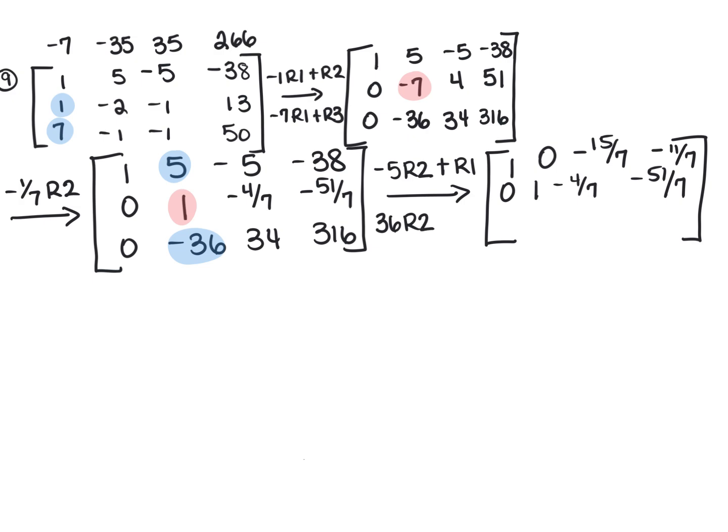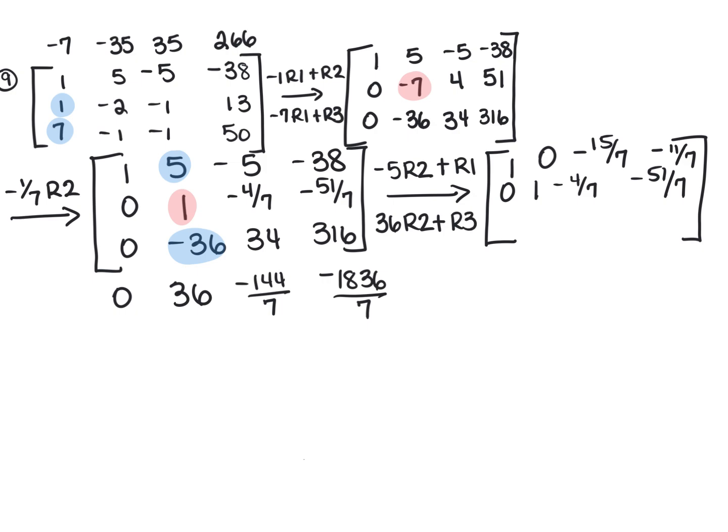Writing these down below it, I have 0 times 36 is 0, 36 times 1 is 36, 36 times -4 over 7 gives me -144 over 7, and then 36 times -51 gives me -1836 over 7. Now what we're going to do with that is add that to row 3.